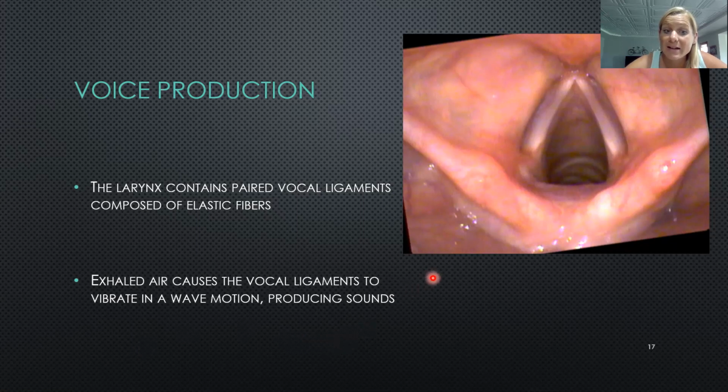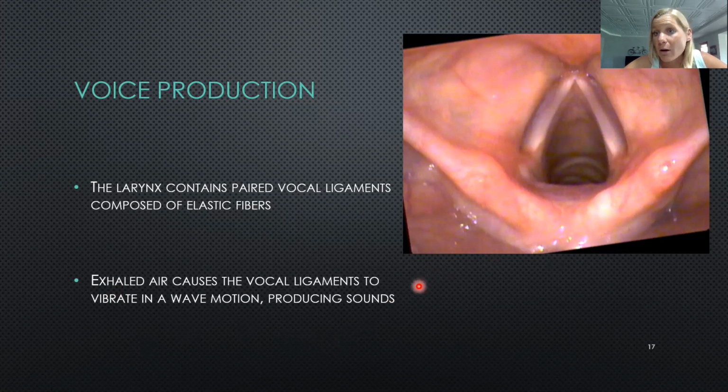So the tightness of these ligaments determines our pitch. Like if you talk really high or really low, it has to do with the tightness of these ligaments here. And when we learn to sing, for example, we can learn to manipulate these ligaments to create the appropriate tone that you want to make.